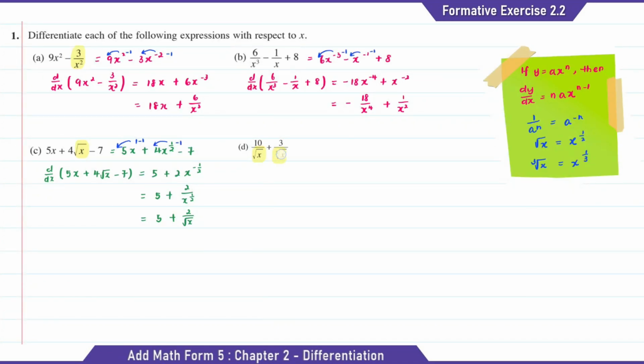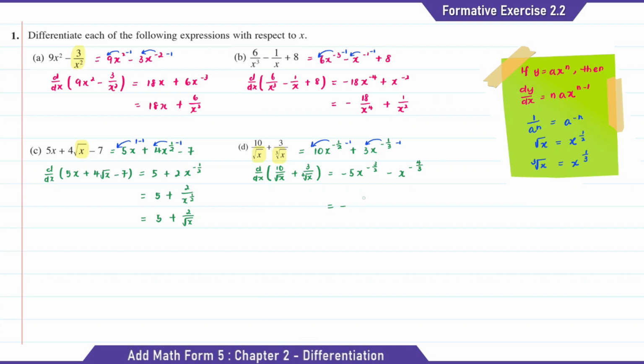Question D. For this part, I can write this as 10x to the power of negative 1 over 2 plus 3x to the power of negative 1 over 3. Differentiate this, negative 5x to the power of negative 3 over 2 minus x to the power of negative 4 over 3.